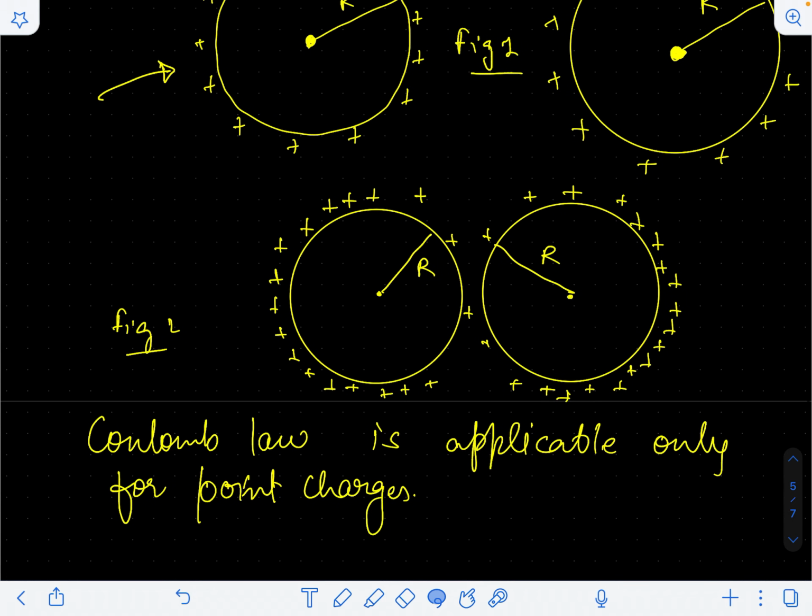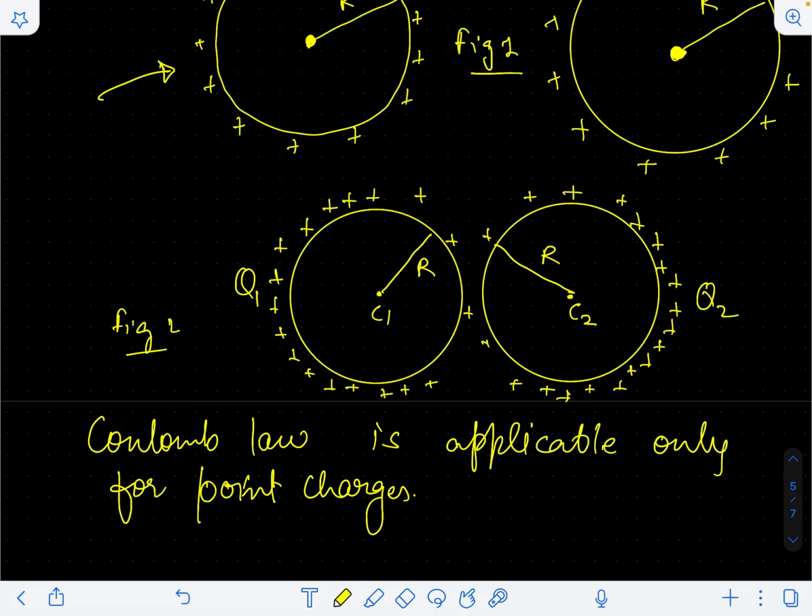But in figure 2, the charge is unsymmetrical, so we cannot say that the total charge can be considered to be situated at the center C1. Similarly, for the total charge, let's say Q2, here Q1, we cannot consider Q2 to be situated at the center C2 because of the asymmetry of the charges on the surface of the sphere.